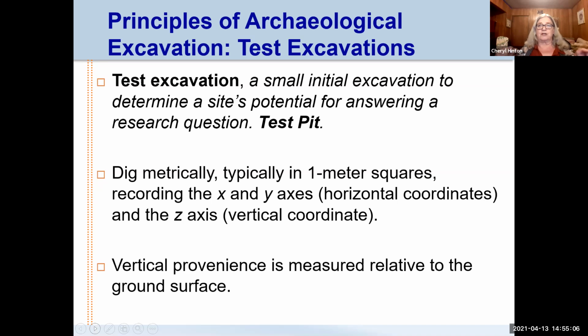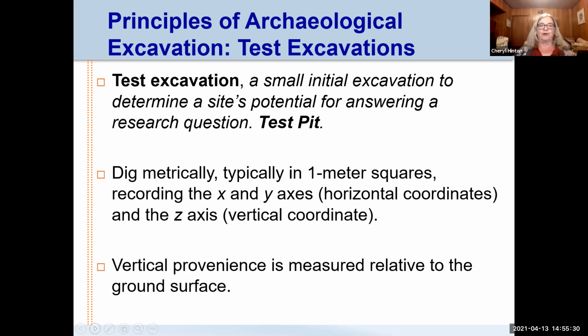Those are the horizontal coordinates. And then the Z axis is the vertical coordinate. So you've got something that you're measuring vertically, and you've got something else coming in this way. I wish I had a third hand, I could say. So you've got 3 different things you're triangulating, right? 3 different measurements to place it in time and space.